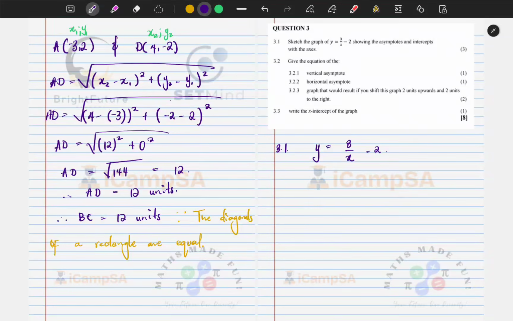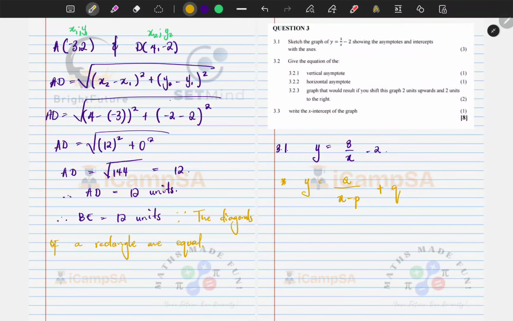So already when I see this type of equation, I can tell you that this is a hyperbolic equation, right? Remember, the standard form of a hyperbolic equation is y equals a over x minus p plus q, right?